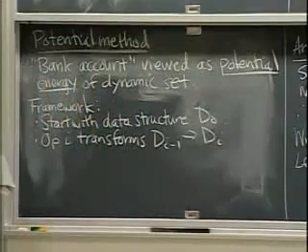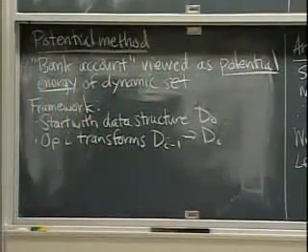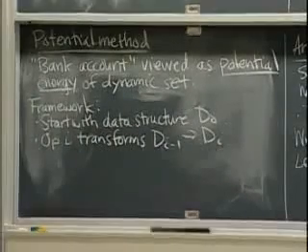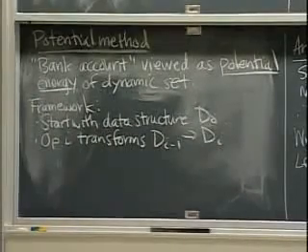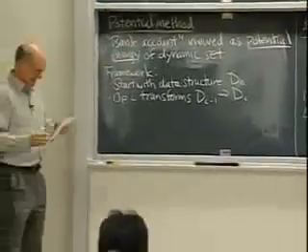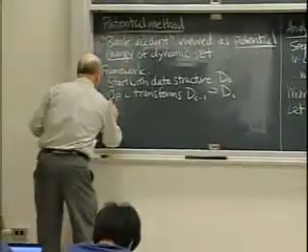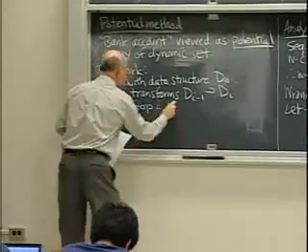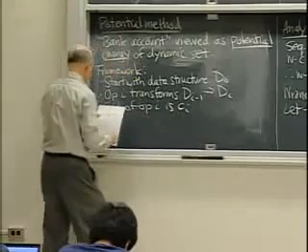So you view the operation on the data structure as mapping one data structure to another, the one from before to the one after. It's nicely mathematical. And of course, the cost of operation i remains at c sub i.